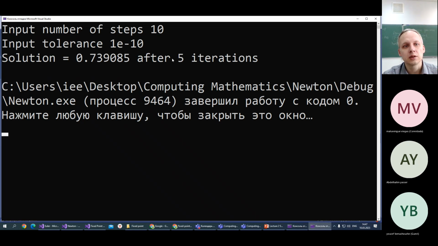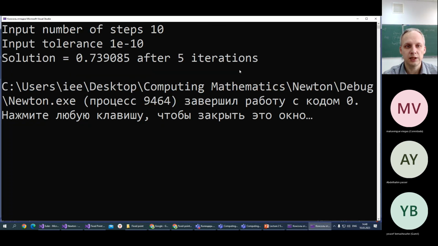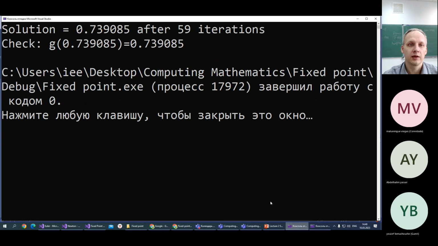It's enough to have just 5 iterations. When we solve it by fixed point iteration, it is 59 iterations. You see that the Newton method is significantly faster, 10 times faster than the fixed point iteration method.